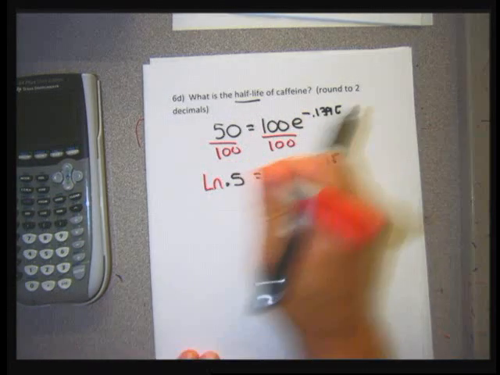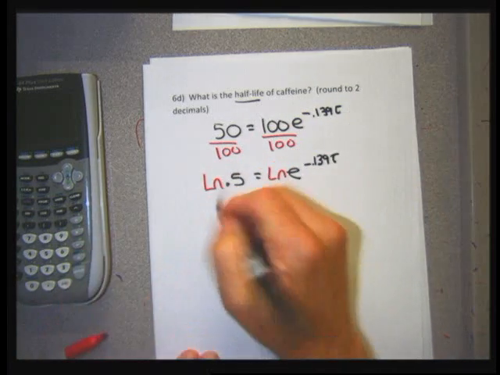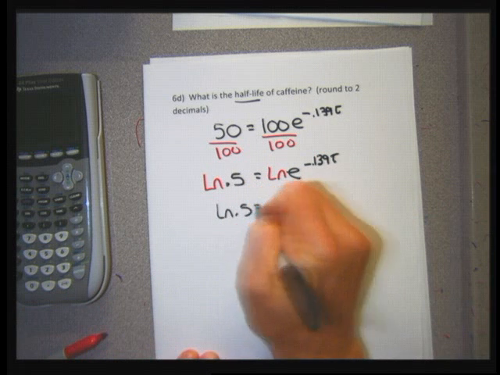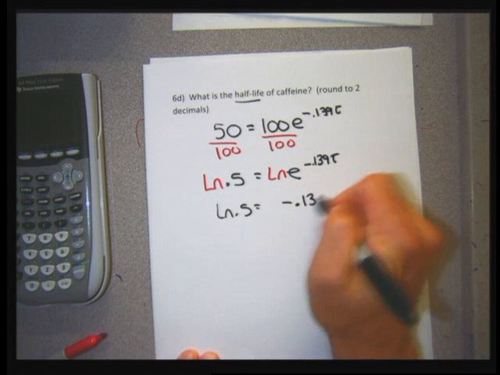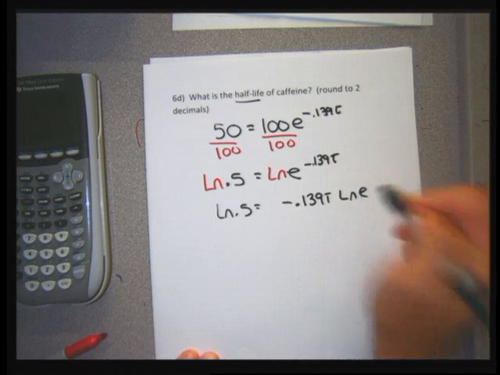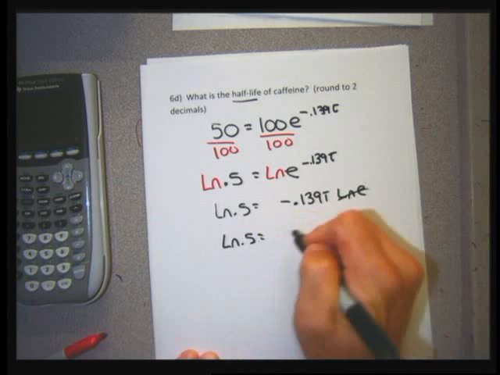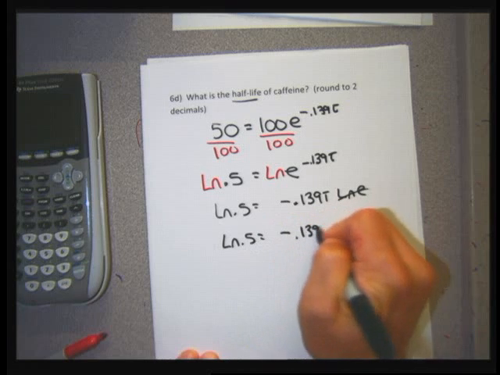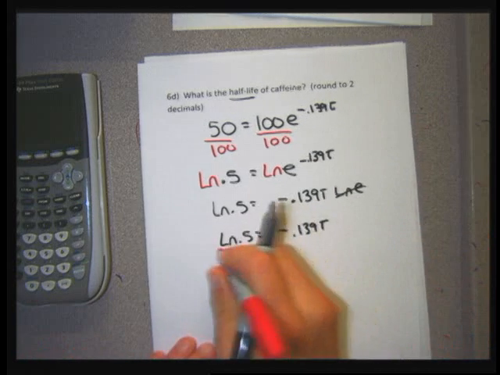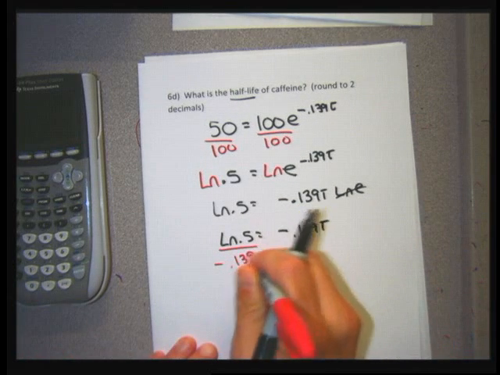I take the natural log of each side. This gives me the natural log of 0.5 equals negative 0.139t times the natural log of e. The natural log of e is 1, so I get the natural log of 0.5 equals negative 0.139t. Divide both sides by negative 0.139.